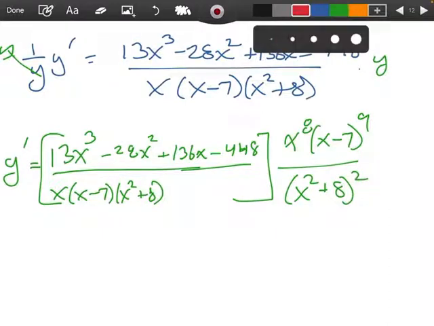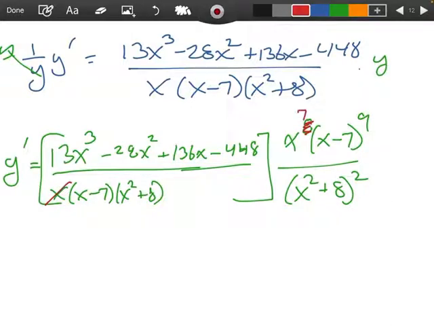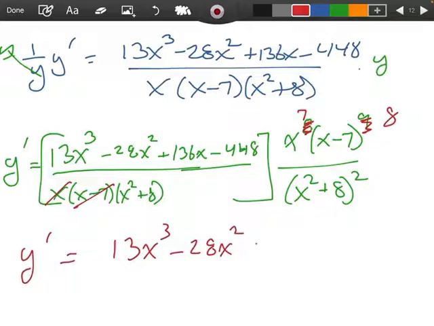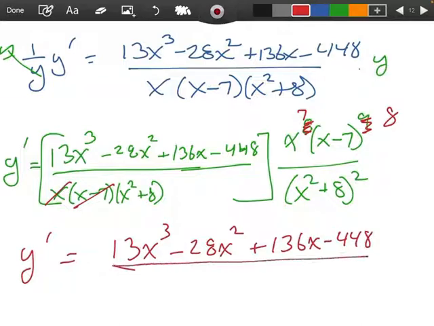Okay, so now stuff is going to start canceling. This x here will cancel with one of those. There's going to be 7. This x minus 7th will cancel with one of these. There'll be 8. So my y prime should be 13x to the third minus 28x squared plus 136x minus 448.